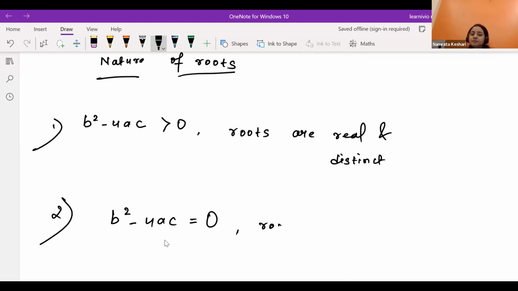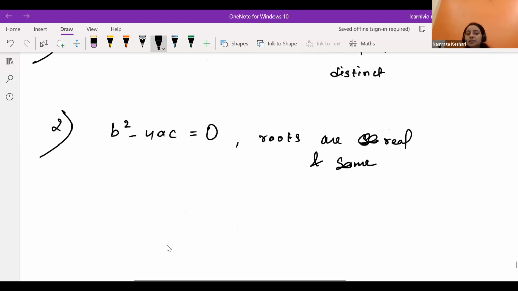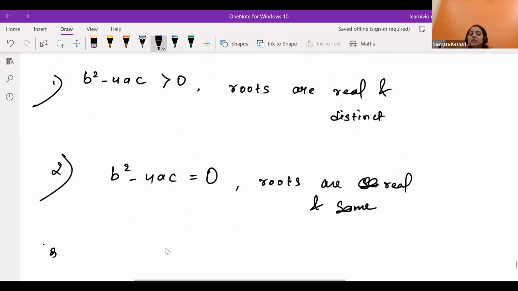Roots are the same, real and same. Real means real numbers. And the third scenario was b square minus 4ac smaller than 0, then roots are not real.